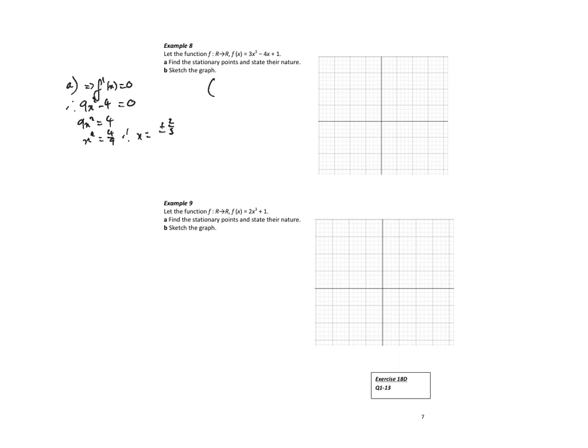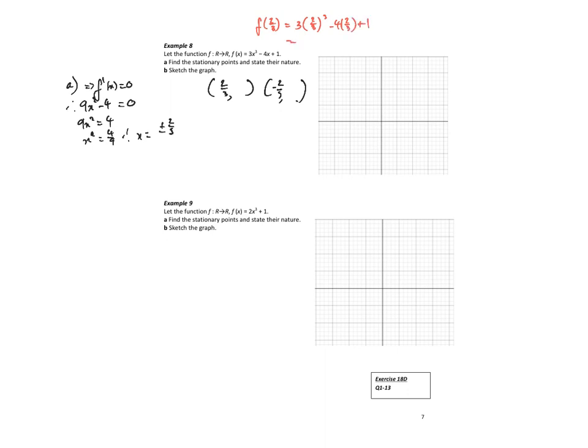So that means my stationary points are at positive 2/3 and something, negative 2/3 and something. So if I substitute 2/3 into my function, 3 times 2/3 cubed minus 4 times 2/3 plus 1.